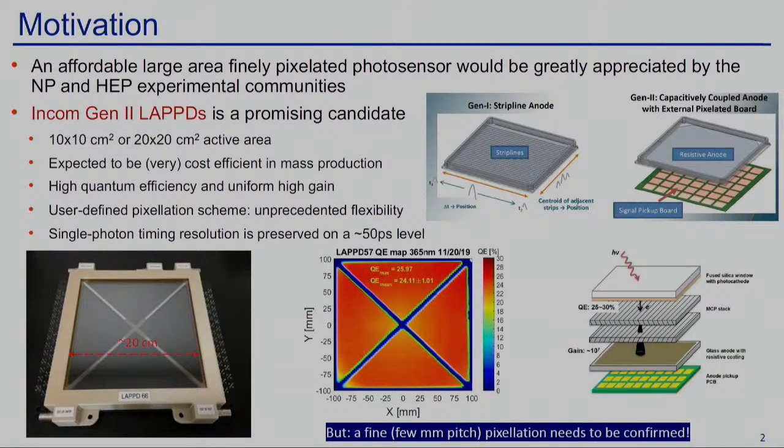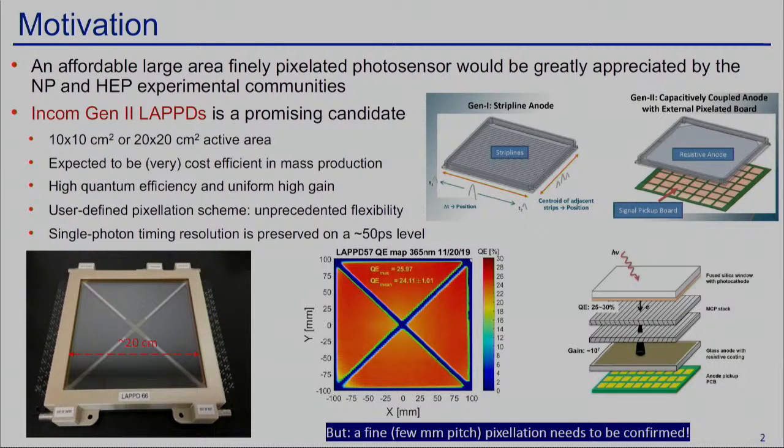So the LAPPDs have been around for a while, and the MCP-PMT concept was introduced in the previous talk, so I can probably skip a portion of this material. The LAPPD is basically a large MCP-PMT, and they are available from Incom in 2 different flavors: generation 1 and generation 2.